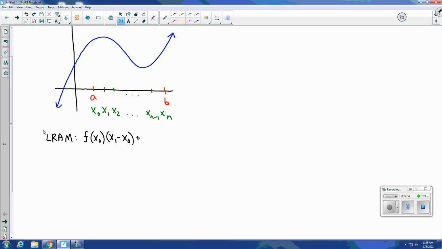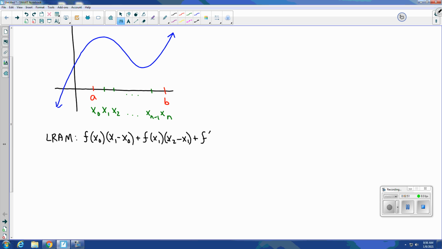And I would add it to f of x sub 1 times x sub 2 minus x sub 1, being the output on the left endpoint of the second subinterval, and the difference between the endpoints of the second subinterval to find that length.